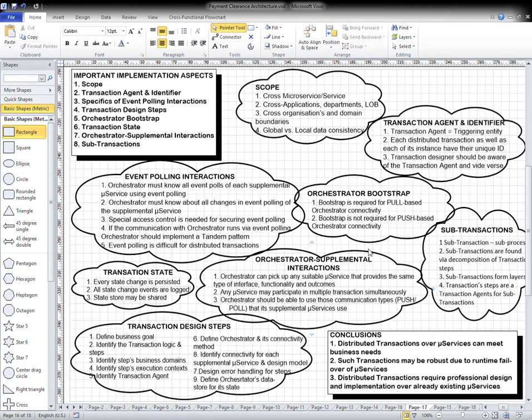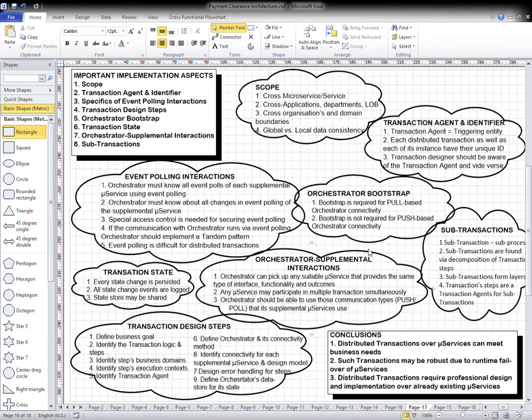In conclusion, we can say that a distributed transaction over microservices can meet business needs, and it's a very important mechanism for implementing business tasks. A distributed transaction may be robust or may not, depending on the consistency of the data required, but in the global case it must be robust, and this robustness is provided by runtime failover of microservices.